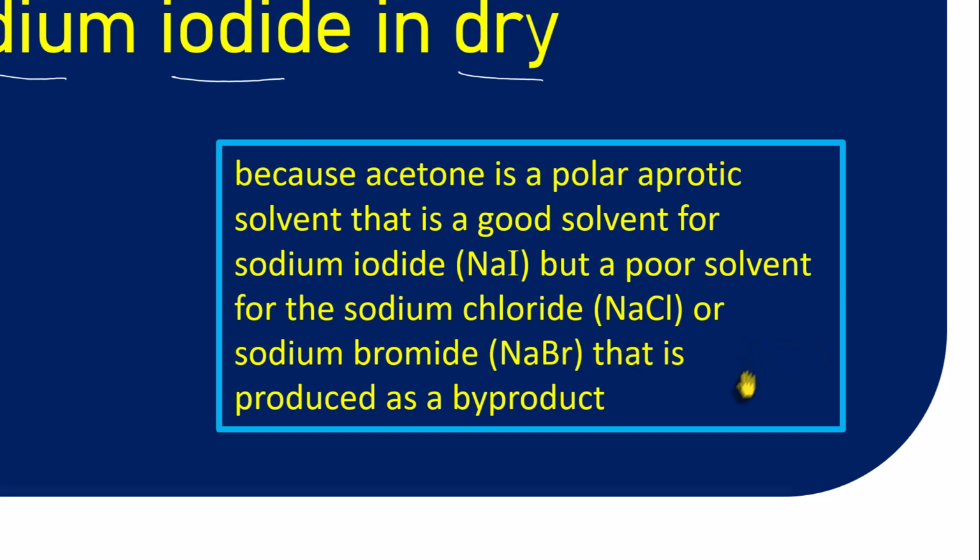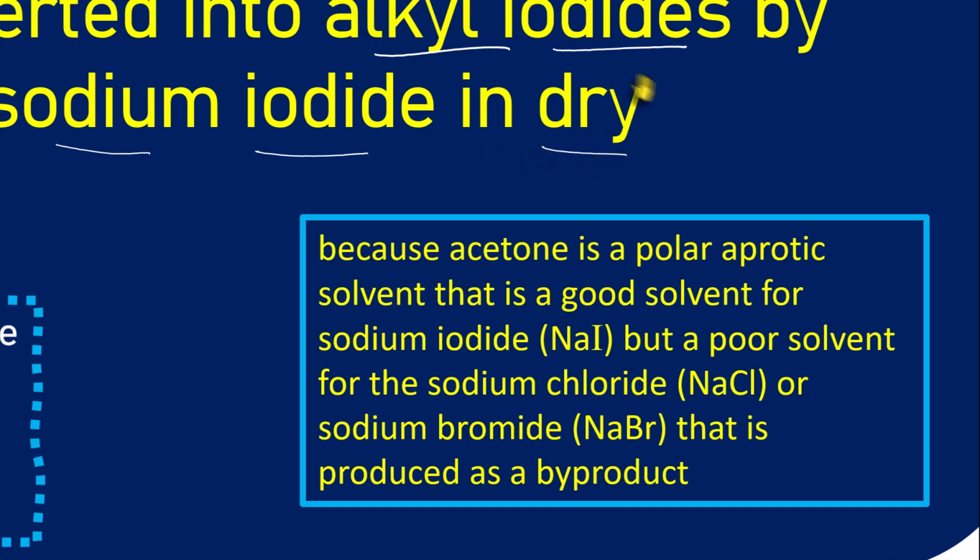Now, the next question is, why should we have dry conditions for the acetone? We have mentioned dry acetone. Can you see the word dry here? Acetone, we understood, is a polar aprotic solvent. Why dry? What will happen if there is water in this? Very simple, children.